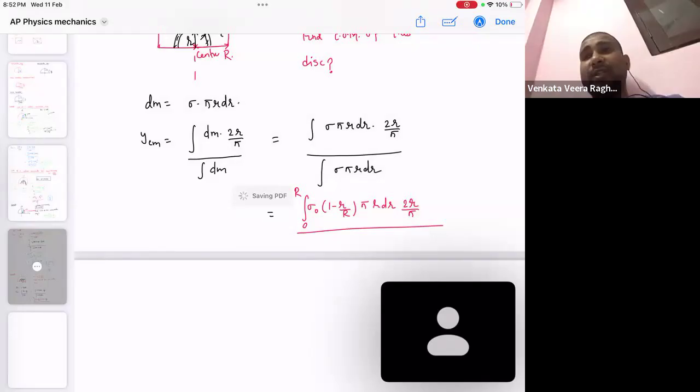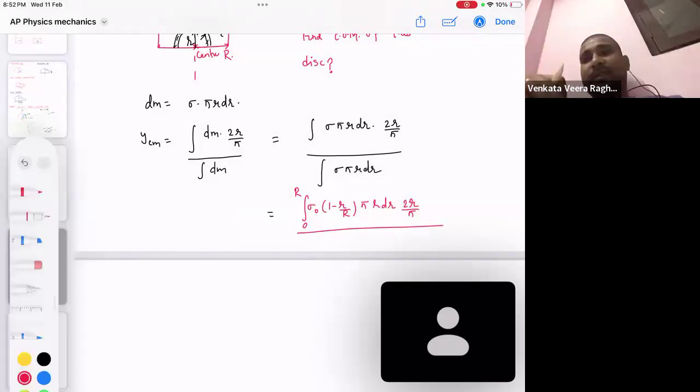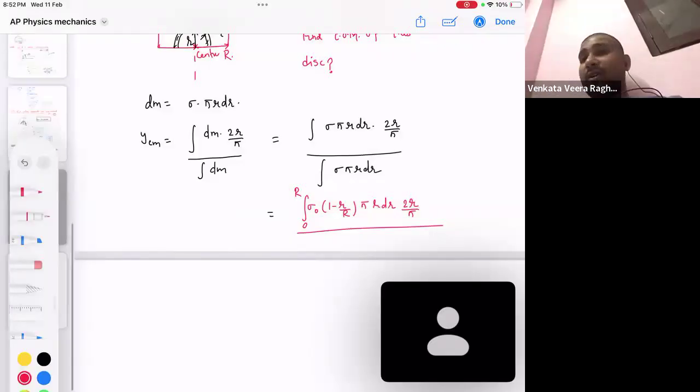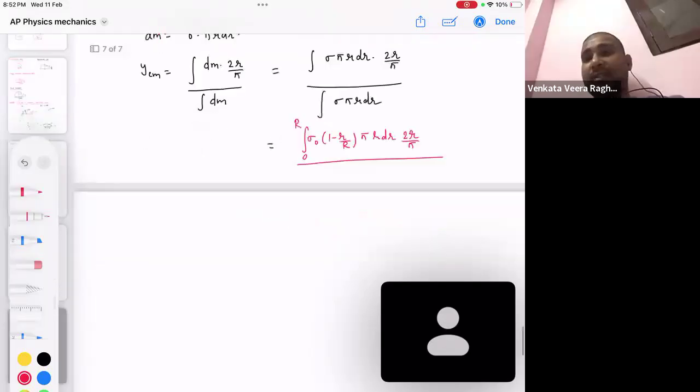You cannot take sigma outside directly. Earlier you were taking sigma outside because it was constant, but now sigma is not constant, so you cannot take it out of the integration. So sigma naught into 1 minus small r by capital R, pi r dr, here also integration from 0 to R.